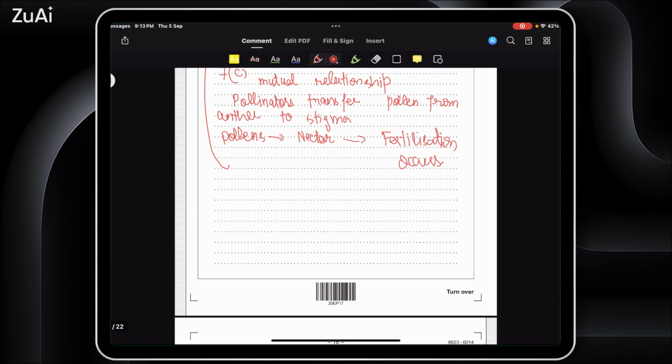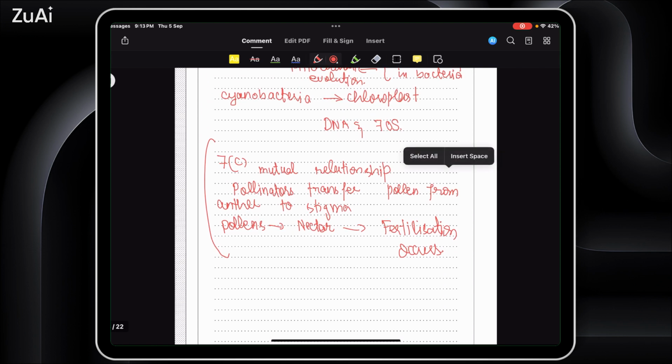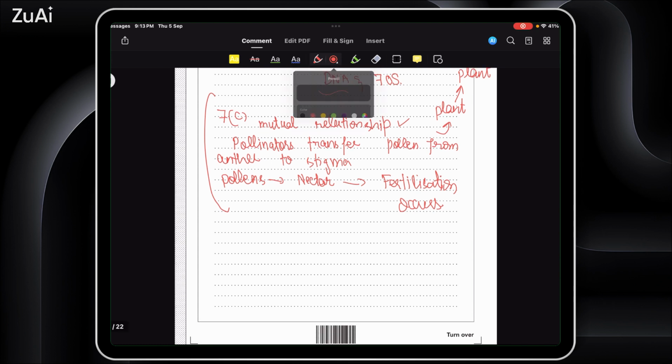Like this in 7C, you have to write that it's a mutual relationship. Pollinators transfer pollen, and these pollen transfer from plant to plant, and this process actually increases diversity.